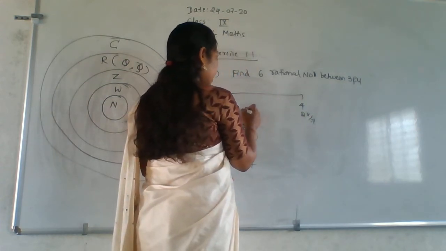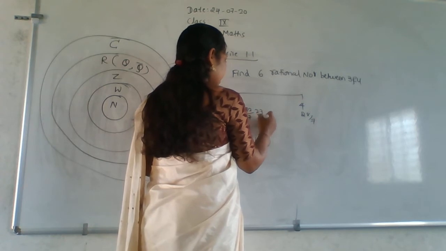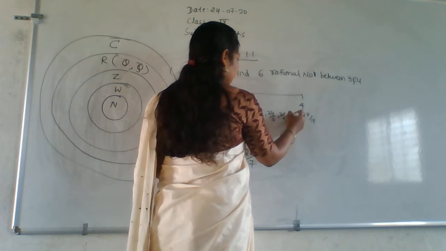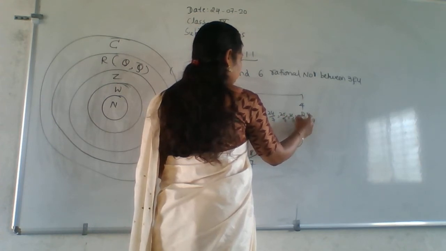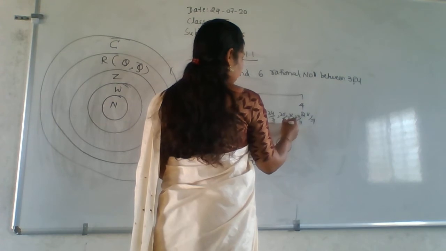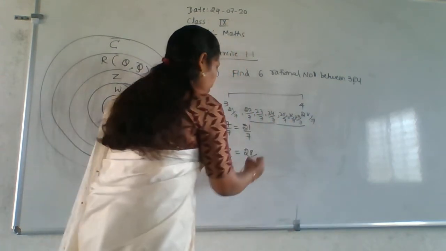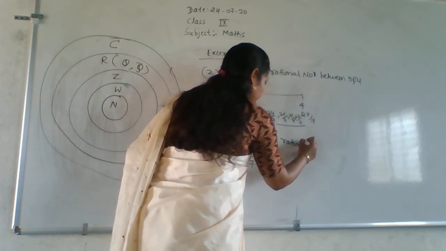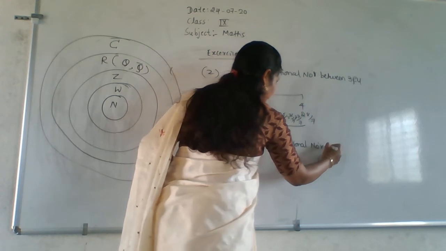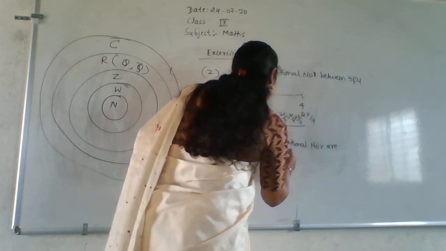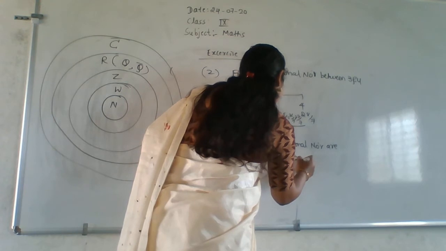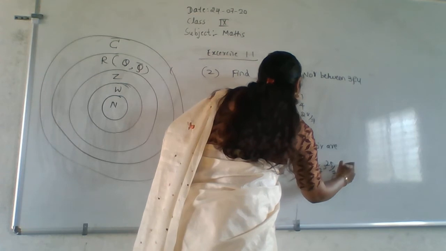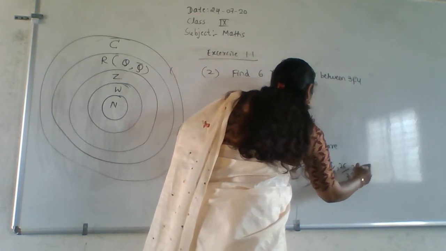What are the remaining values? 22 by 7, 23 by 7, 24 by 7, 25 by 7, 26 by 7, 27 by 7. How many do you get? 1, 2, 3, 4, 5, 6. Therefore the 6 rational numbers are 22 by 7, 23 by 7, 24 by 7, 25 by 7, 26 by 7 and 27 by 7.